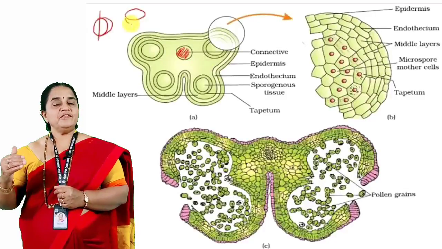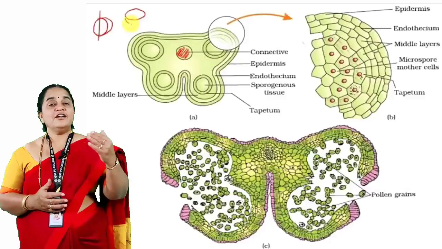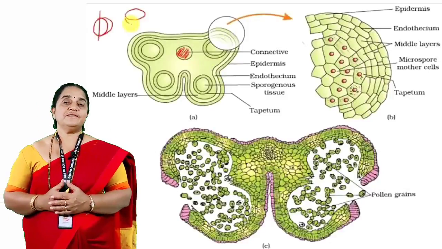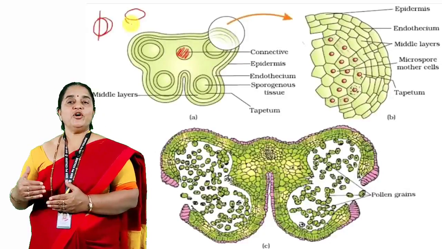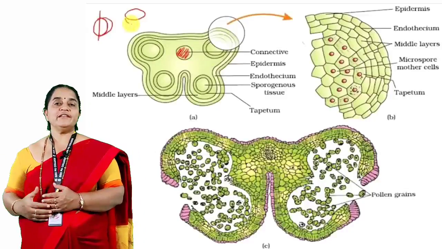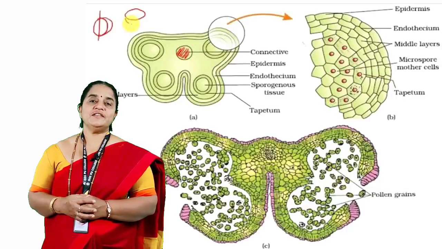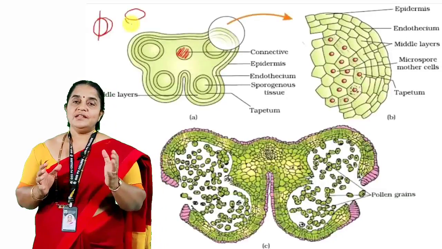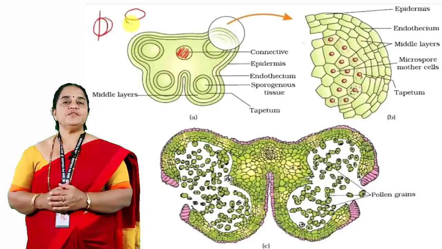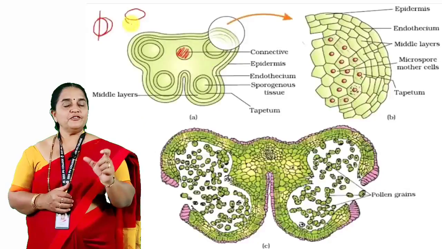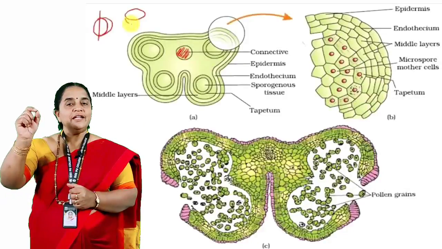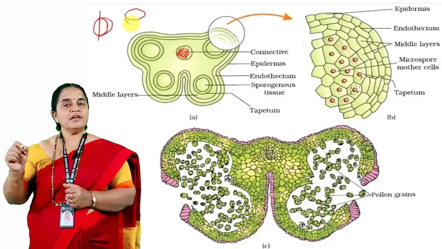And these PMCs, or pollen mother cells, undergo meiotic divisions to produce haploid microspores or pollen grains, and this process we call microsporogenesis.